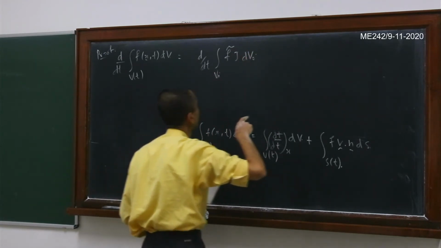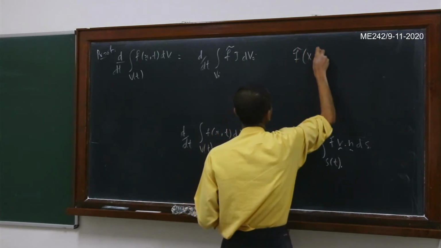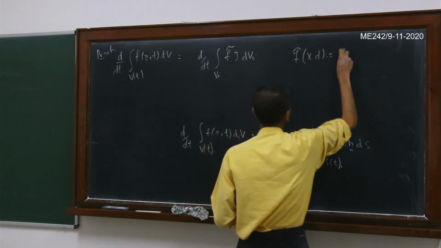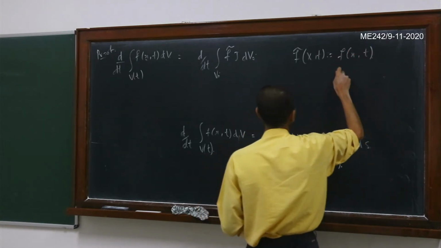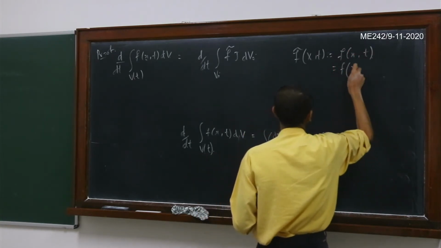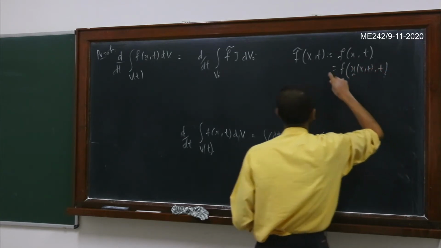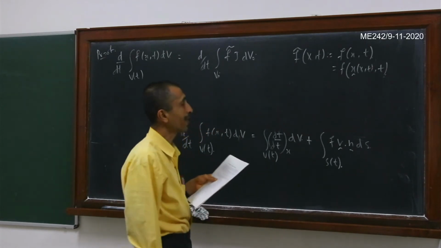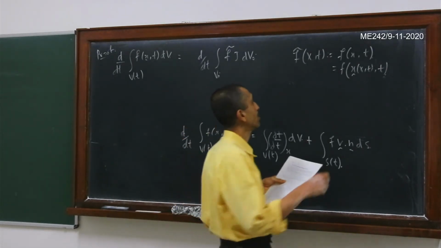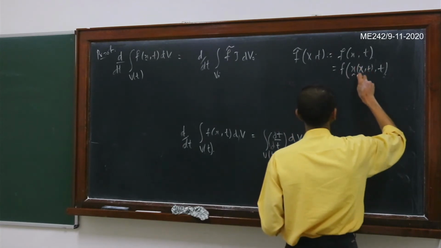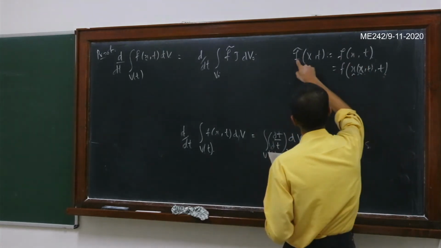Now this f tilde of X comma t is defined as f of x comma t, which is equal to f of chi of X comma t comma t. If you look at f of x comma t, x itself is this chi of X comma t, so this whole thing is a function of capital X. This new function of capital X I am calling f tilde.